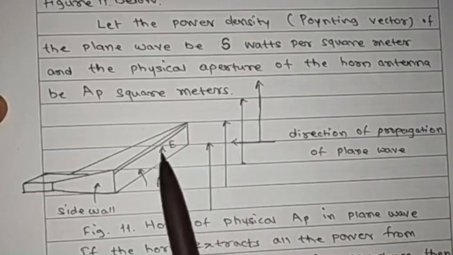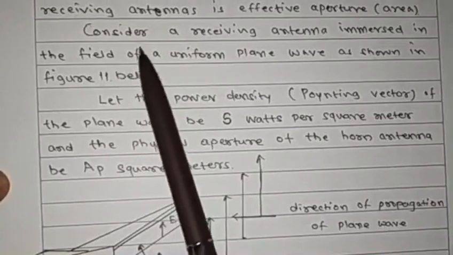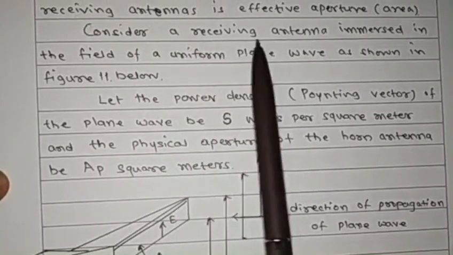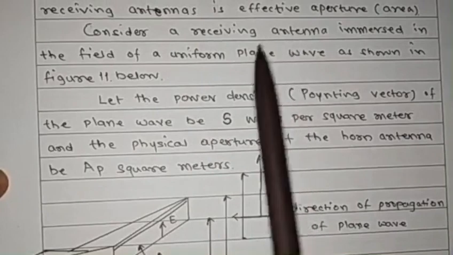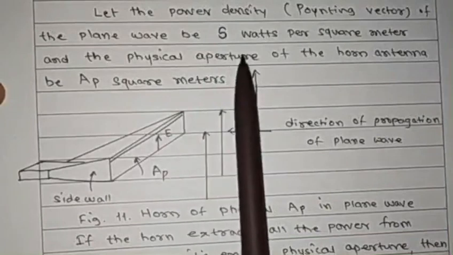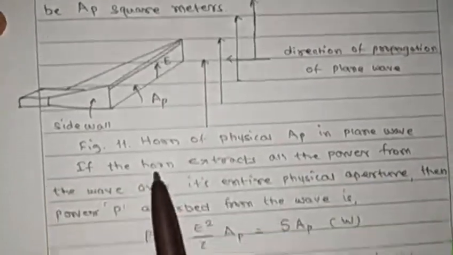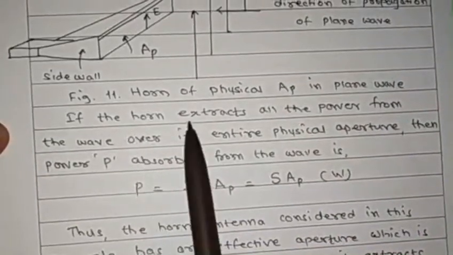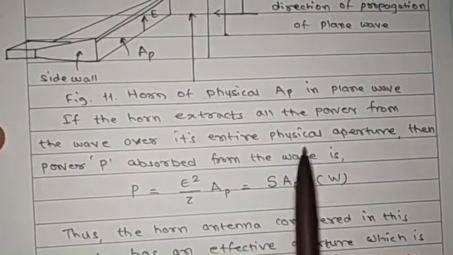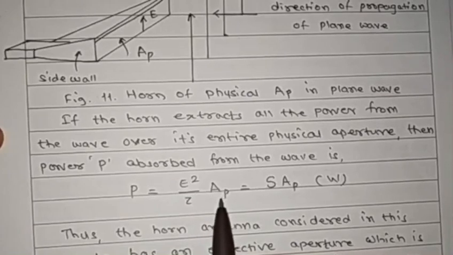Since the arrow is shown in this direction, this antenna is actually receiving it, and it is always convenient to define the apertures while we consider the receiving case of an antenna. So let's say this horn antenna is immersed in free space and it is receiving the power density S from a physical aperture AP. So if we consider the equation for the power received from the entire physical aperture, it is given by P is equal to, power is defined as the square of field divided by the impedance Z, and this power is being received through the physical aperture AP.